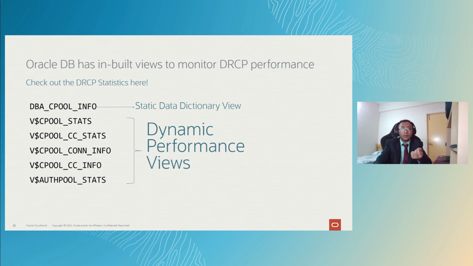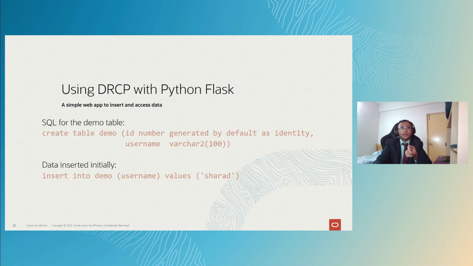Then you have the different dynamic performance views. These performance views will display the DRCP pool statistics for a database instance. Whatever views have CC in them are specific to a connection class. They display connection class related information and mapping of this connection class to various DRCP pools. So we will be using V$CPOOL_CC_STATS in the upcoming example that you will see.